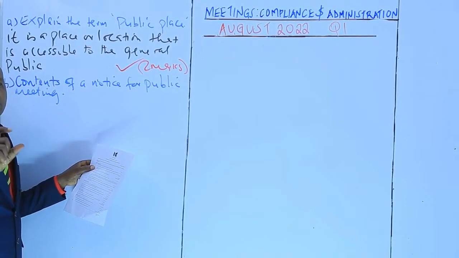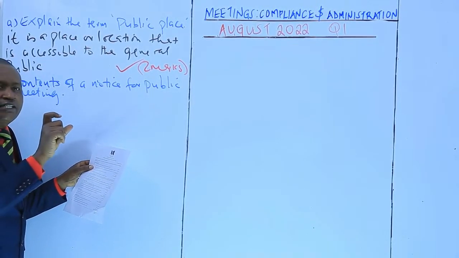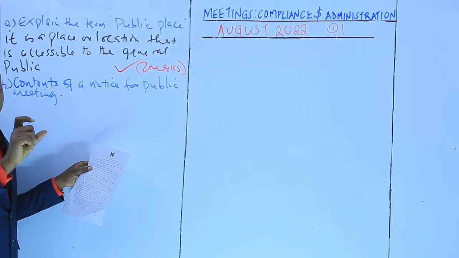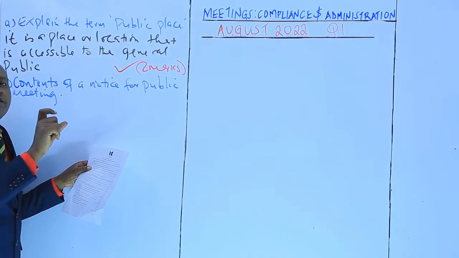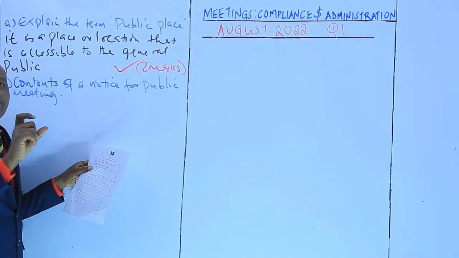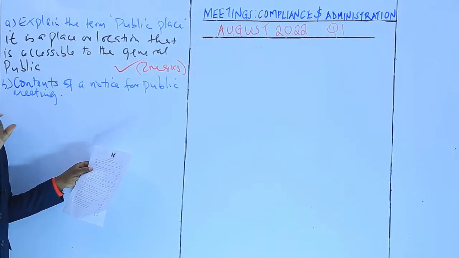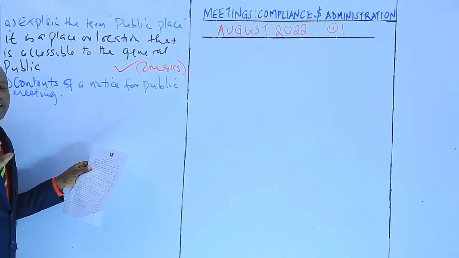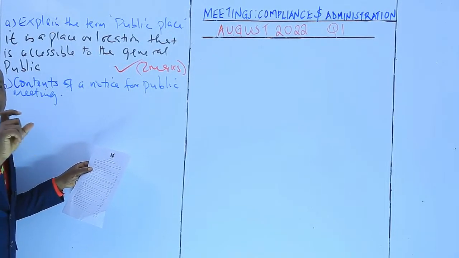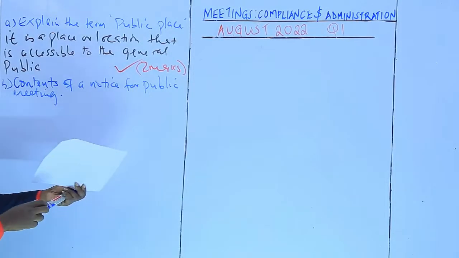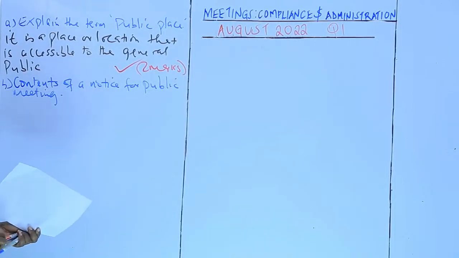So the notice should clearly state the date, the time, and specific venue where the public meeting will take place, because that ensures that participants have the necessary information to attend the meeting. Date, time, venue. That is one content.